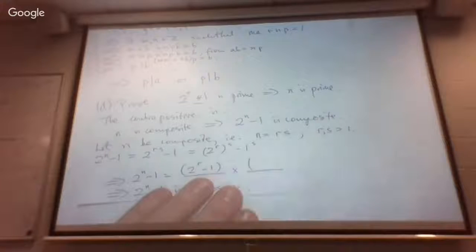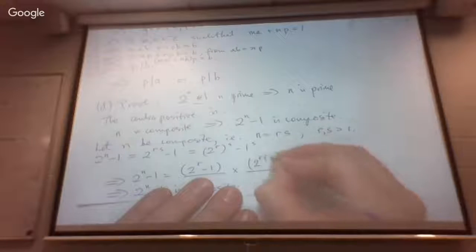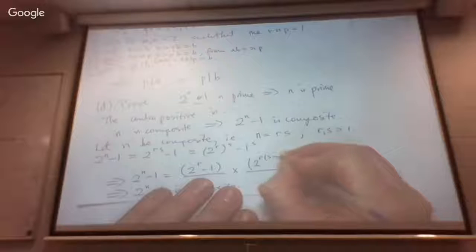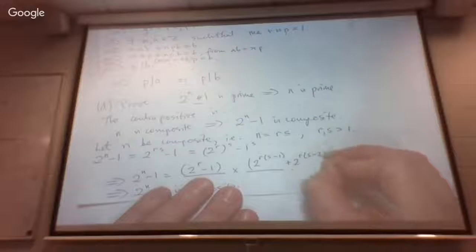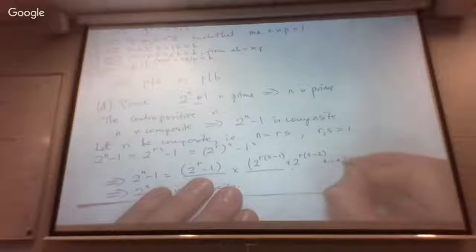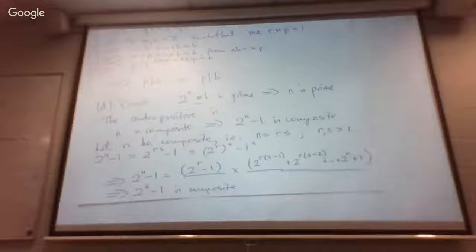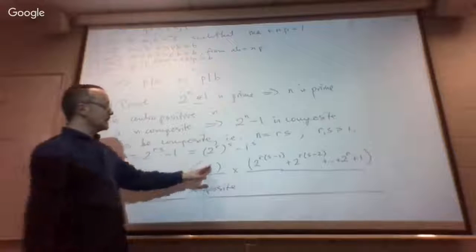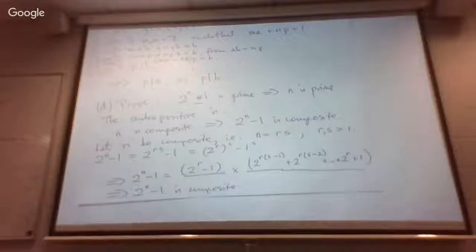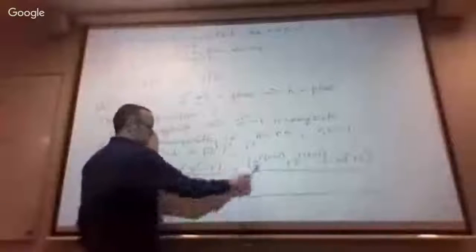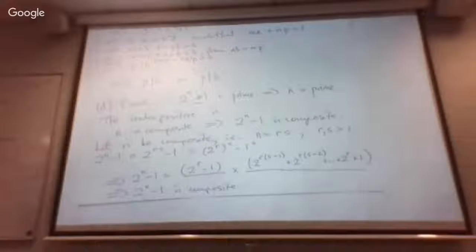And you'll have 2 to the r(s-1) plus 2 to the r(s-2), all the way down to the last one, the 2 to the r and then plus 1. You multiply those out. In fact, you got 2 to the r here and minus 1 here. Means that when you multiply these two brackets out, all the cross terms cancel except for the product of the two leading terms and the product of the two trailing terms. So you get back immediately 2 to the rs minus 1.